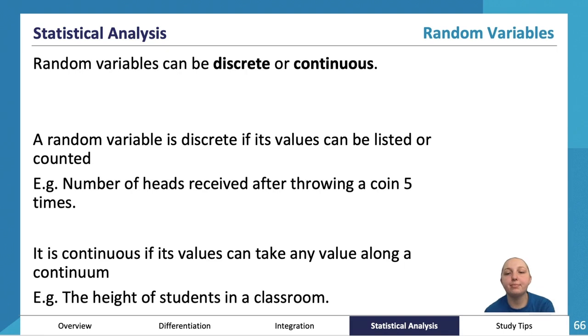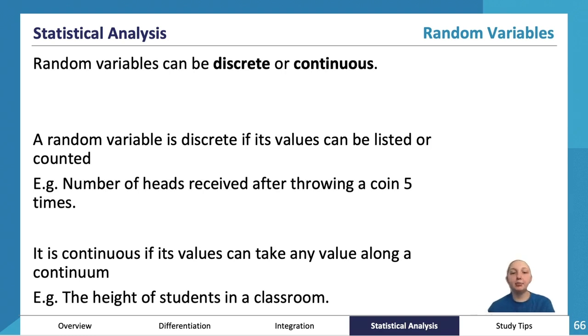So this is a fairly simple part of the variables, but a random variable is discrete if its values can be listed or counted. So if you can exactly count every single possible outcome. For example, the number of heads received after throwing a coin 5 times, you probably wouldn't, but you could actually count the values.